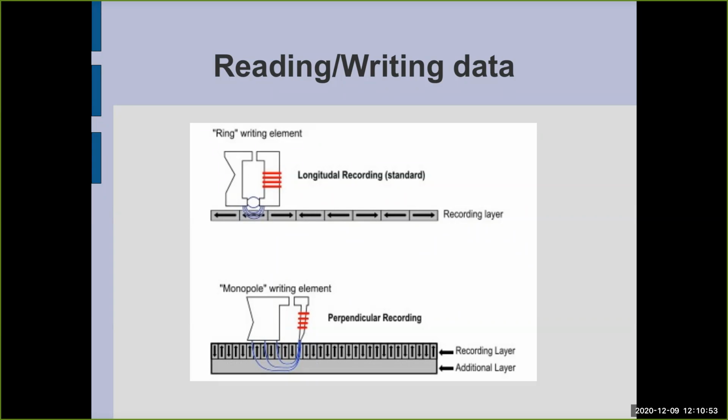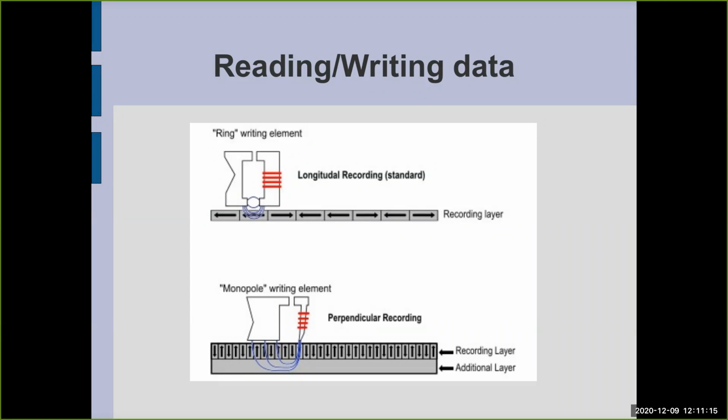There is a problem with density, because if we want to increase the hard drive size, we should increase the density, or increase the number of platters, or increase the size of the hard drive platters.